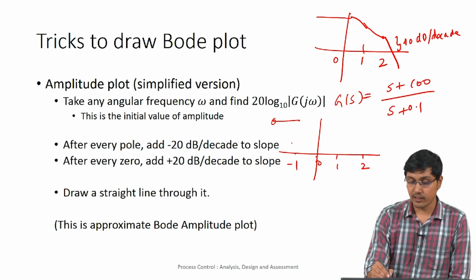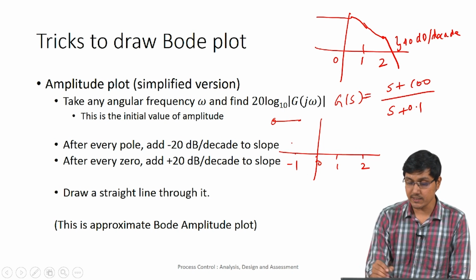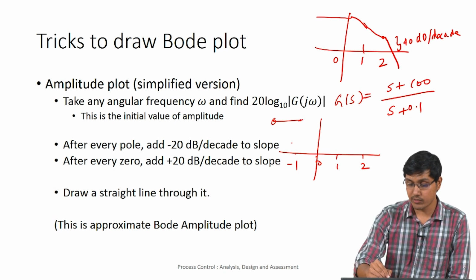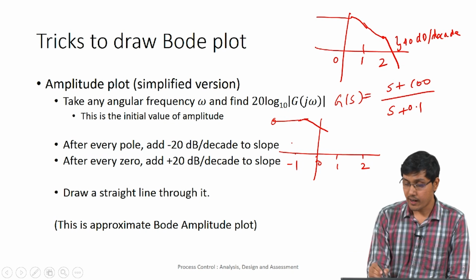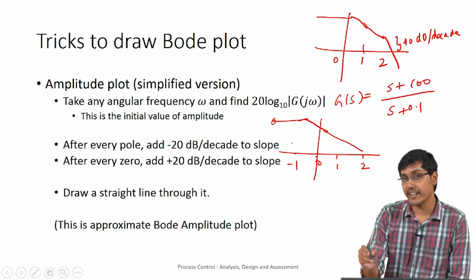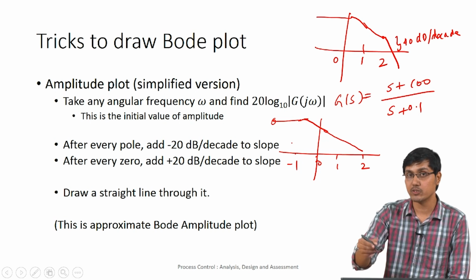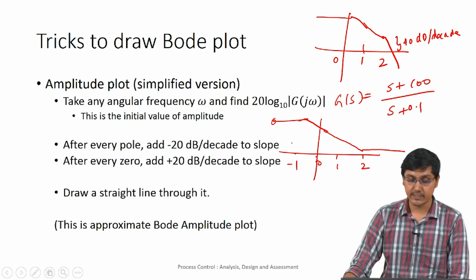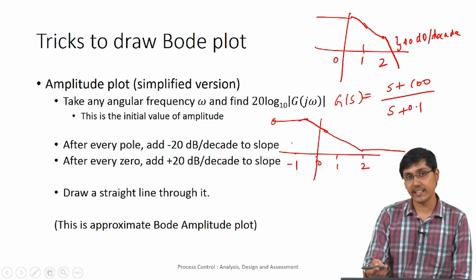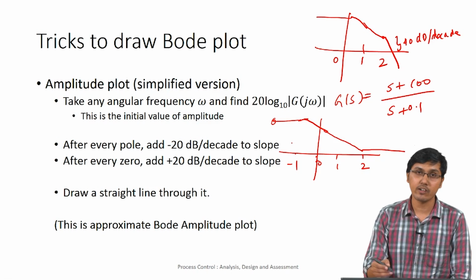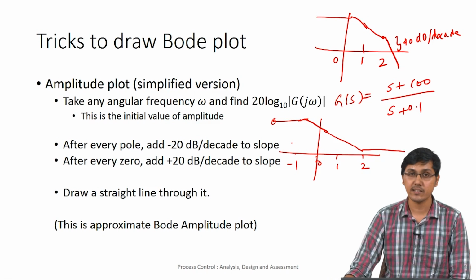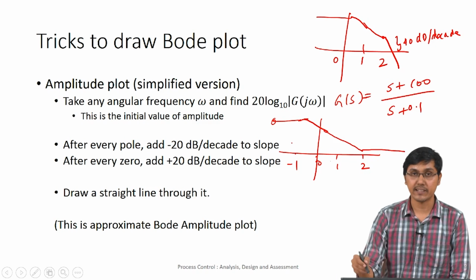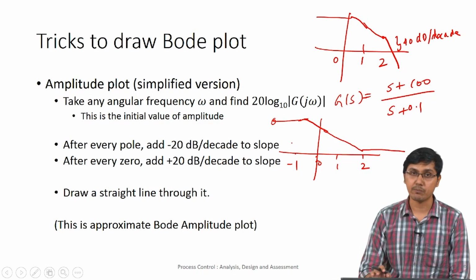After 0.1 it starts falling at the rate of 20 dB, and at 2 it starts rising at the rate of 20 dB. So minus 20 dB and plus 20 dB cancel, and it becomes a flat line. It's a simpler way of drawing the Bode diagrams, mostly used for simple transfer functions like this, and it is a very fair approximation.